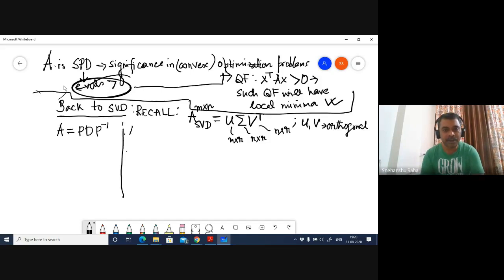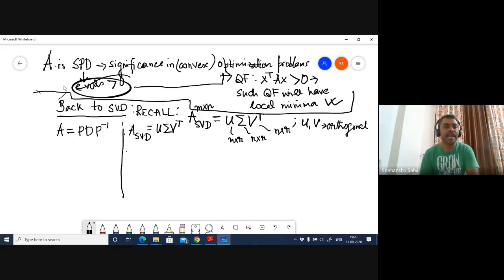And here what we are looking at is this. So obviously these 2 forms look very different from each other, right?